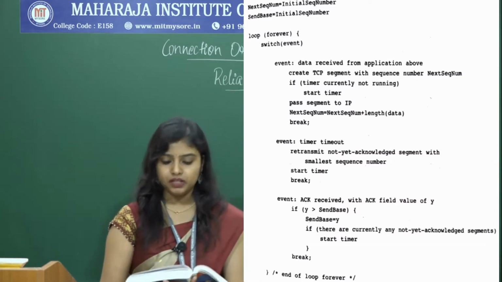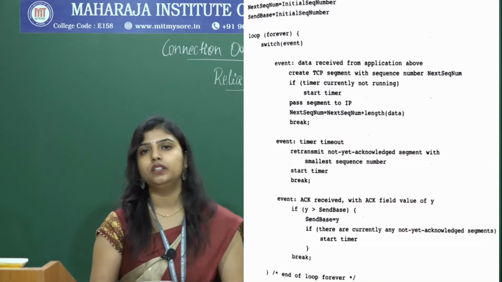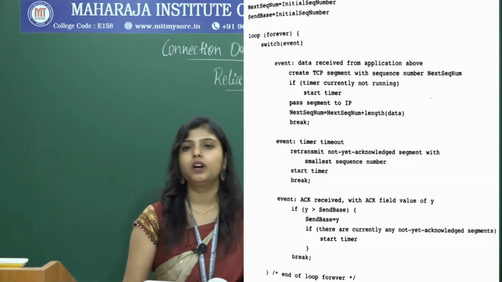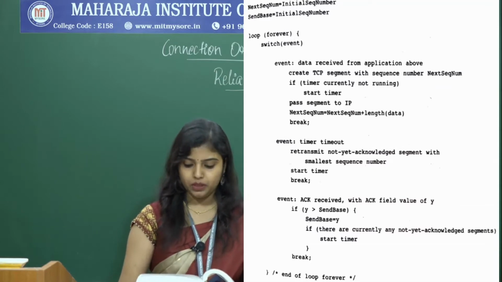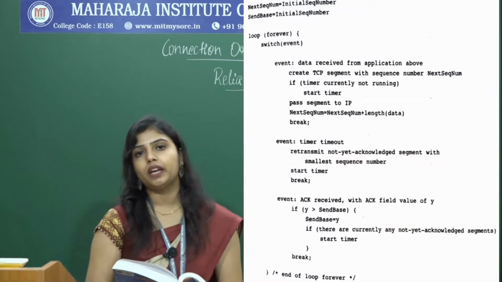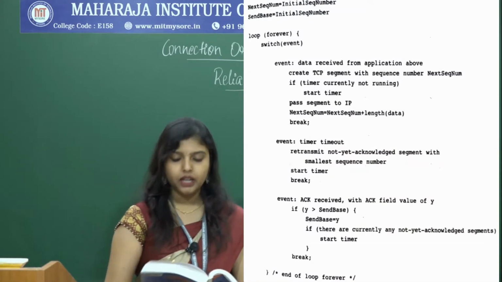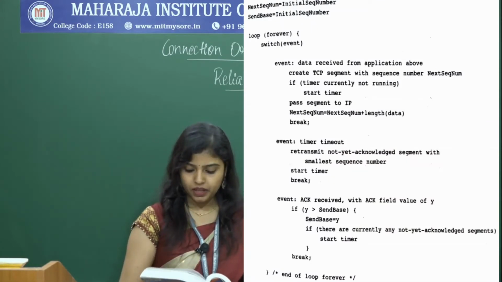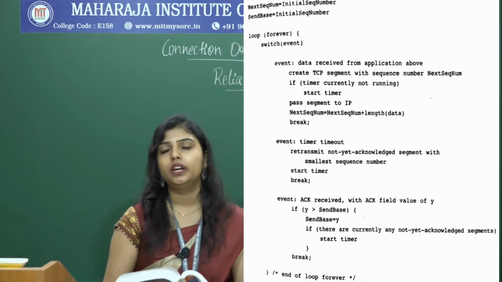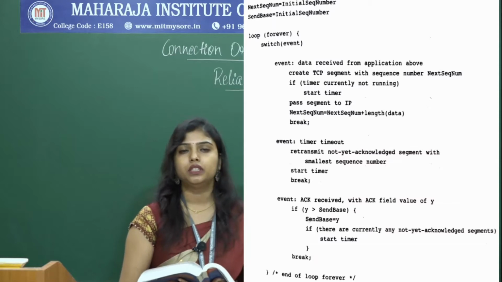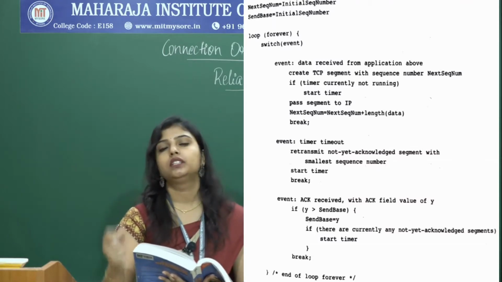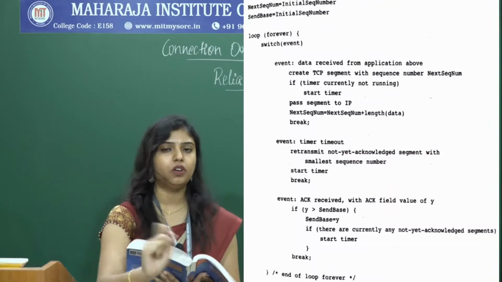Let us consider the first event, when it receives data from the application above. When it receives the data, what do we have to do? We have to create a packet, make a segment. It will create a TCP segment with the sequence number equal to next sequence number, because the previous sequence number has already been sent.